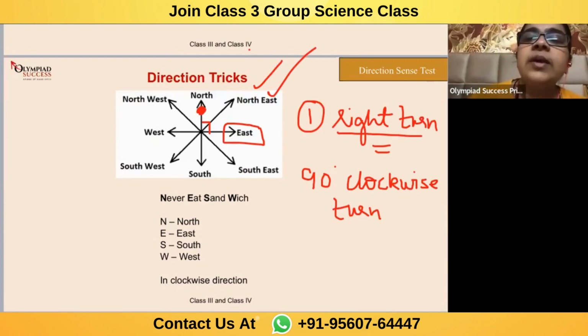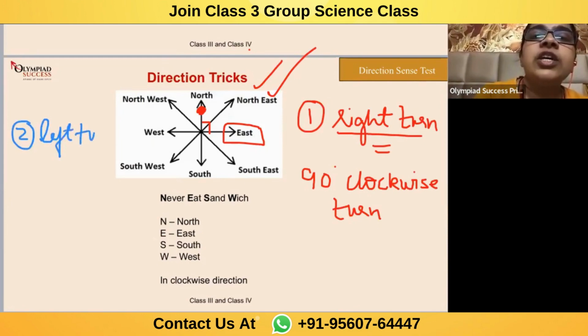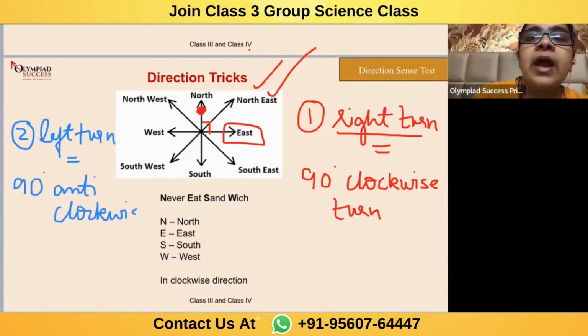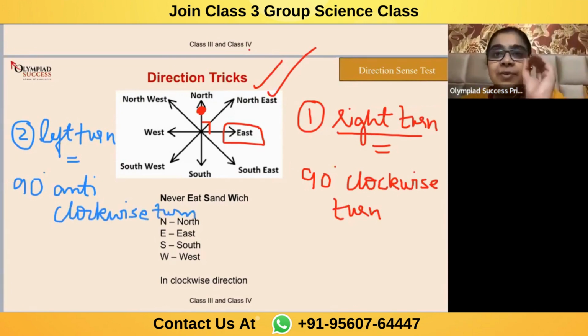Similarly, point number 2 is left turn. The left turn will be equal to a 90-degree anti-clockwise turn. Now I'm going to make a twist in the question.